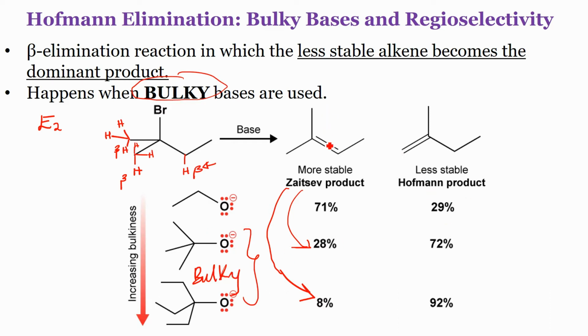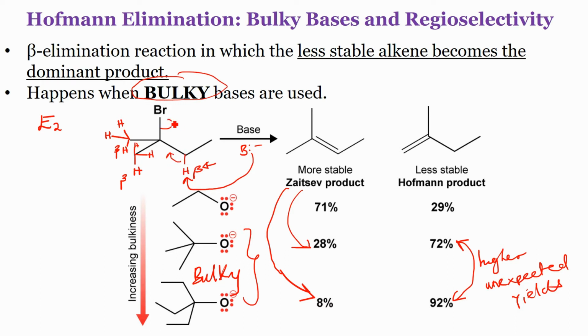Now the Hofmann product turns out to be the major, formed in higher yields. Higher unexpected yields, because one will always think of the more substituted carbon. But let's look at what's happening. If you have a base, the base can take out a beta hydrogen sitting on a more substituted carbon compared to the other carbons.